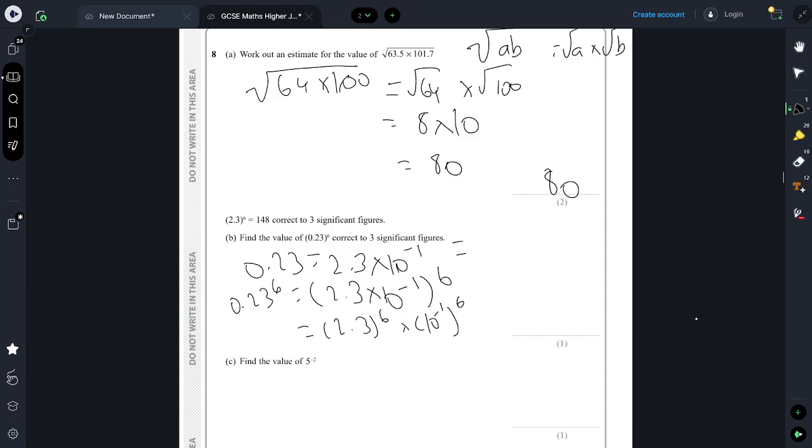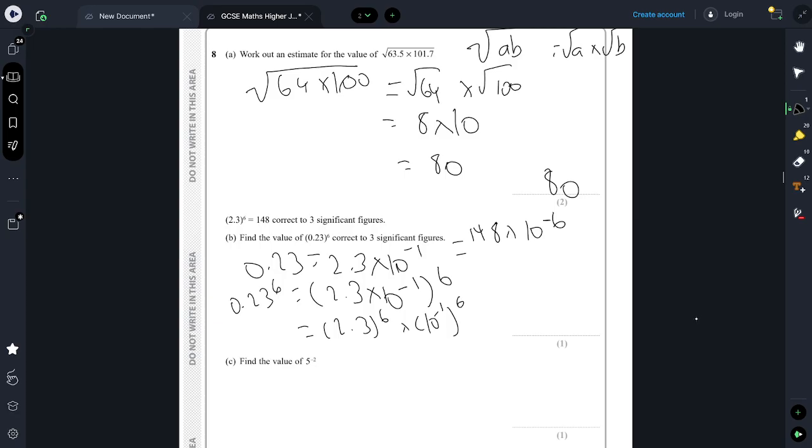And 2.3 to the 6th is 148. We are given this. And 10 to the minus 1 to the 6th is 10 to the minus 6. That is because you should recognize the third index law. If you're raising a power by another power, you just times the powers together. Okay. So that's where that's come from.